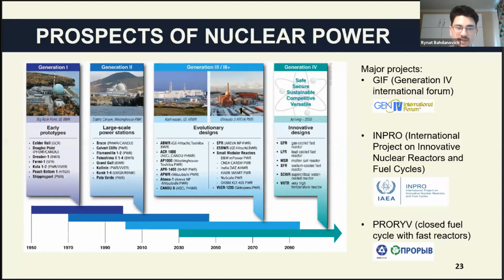The first such reactor was connected in 2016 in Russia at Novovoronezh second power plant. Future reactor designs are anticipated to possess highly effective passive safety systems which will prevent accidents. These designs are being developed now under such projects as Generation IV International Forum, INPRO project, and PRORIF project. And they are anticipated to arrive after 2030.